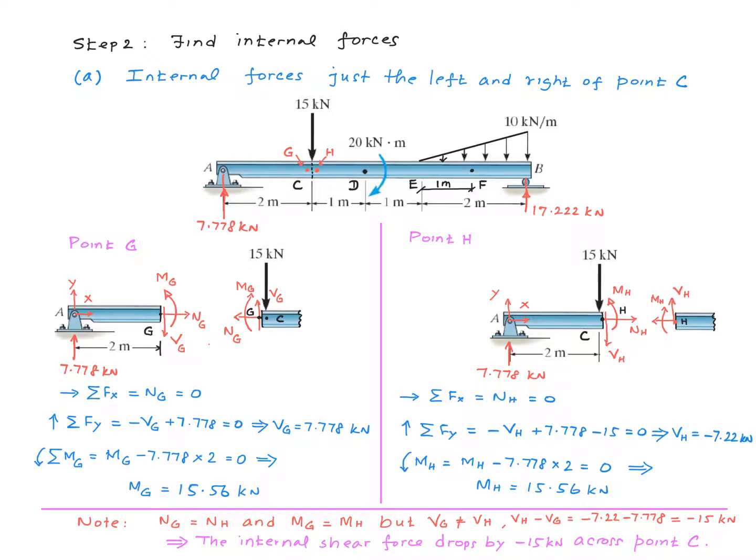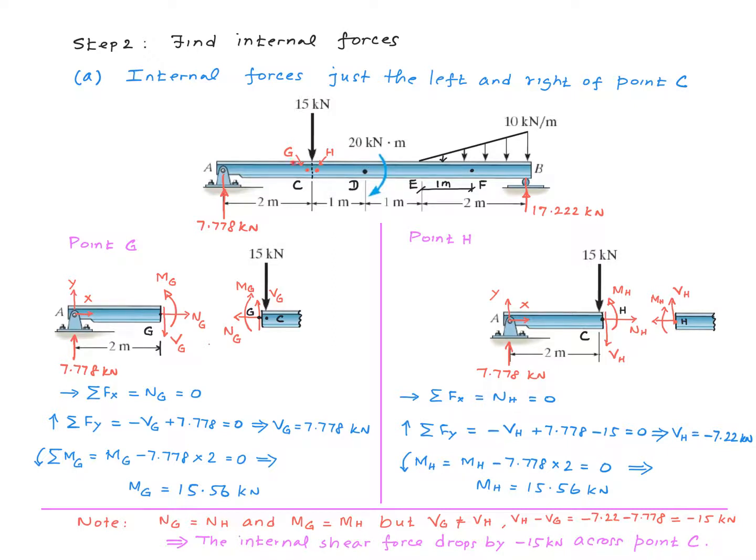Shear force at point G is different from the shear force at point H. And we further note that if I find the difference between the two shear forces, VH minus VG, that works out to be minus 15 kilonewton. In other words, as you go across point C, the internal shear force drops by 15 kilonewton.